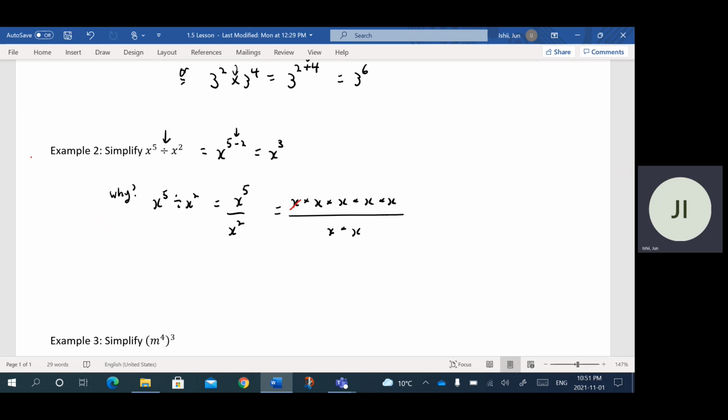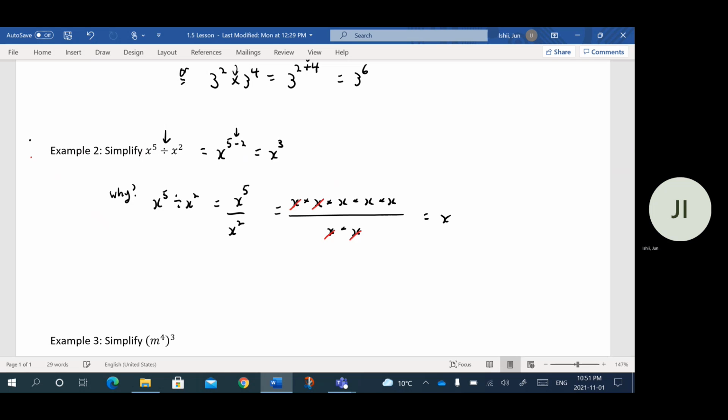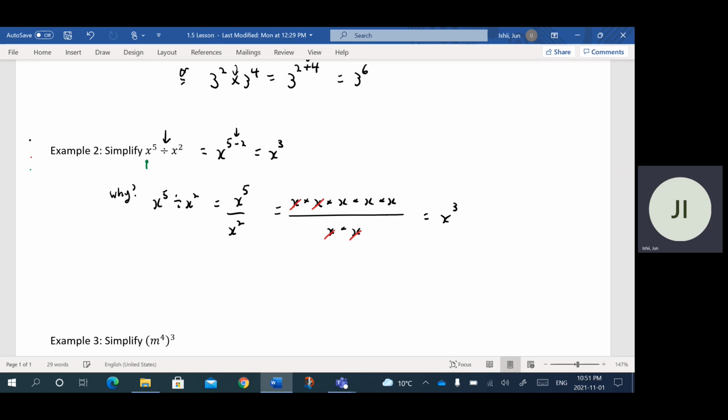If I have an x up top and an x on the bottom, these cancel. You're left with three x's multiplied together, so that equals x cubed. When you divide by the same base, you subtract the exponents. In this example I used what we call a variable. Instead of a number I have x's, which is fine. Even though this is not a number but a variable, the laws still apply.